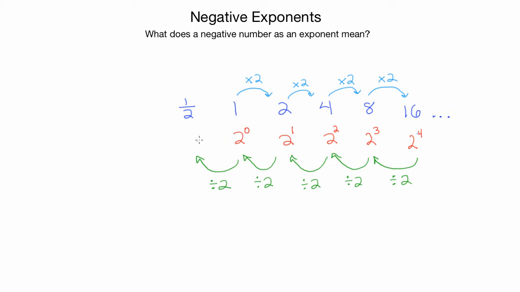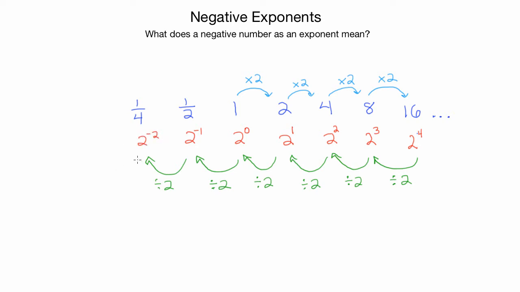But what do I put for an exponent here? If I'm following the pattern in red, 4, 3, 2, 1, 0, it makes sense to say this is 2 to the negative 1. I'm going in the opposite direction. Let's keep filling this pattern out. We're going to divide by another 2. Well, 1/2 divided by 2 is going to be 1/4, which is 2 to the negative 2 power.